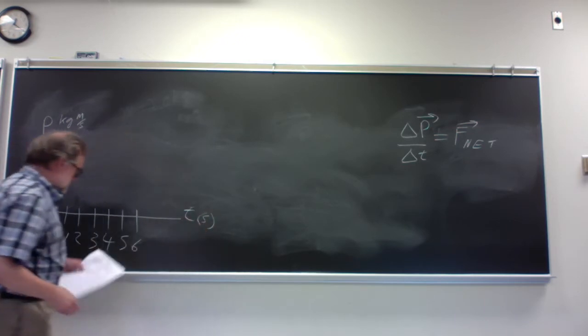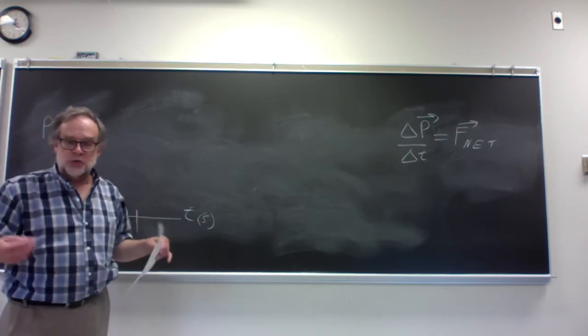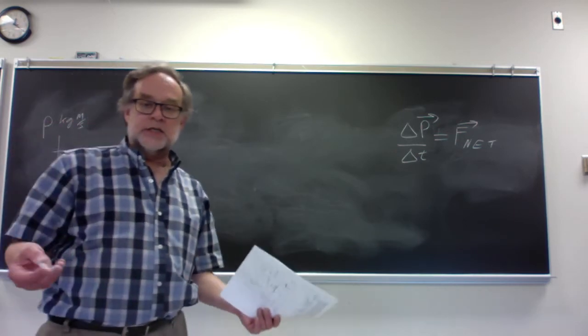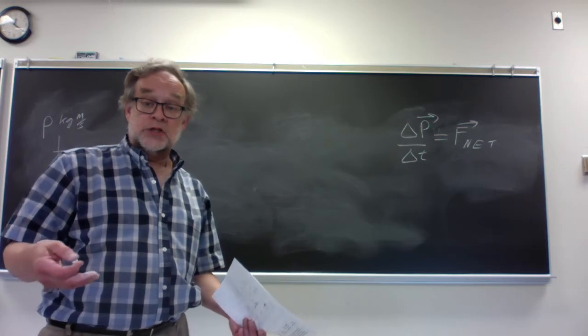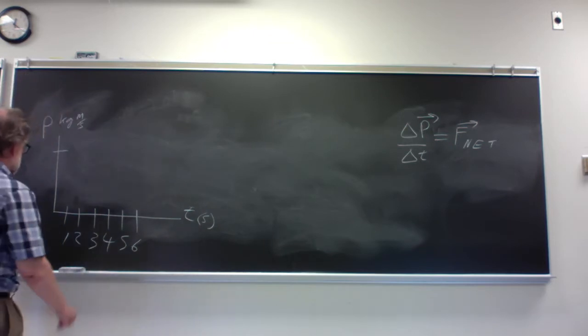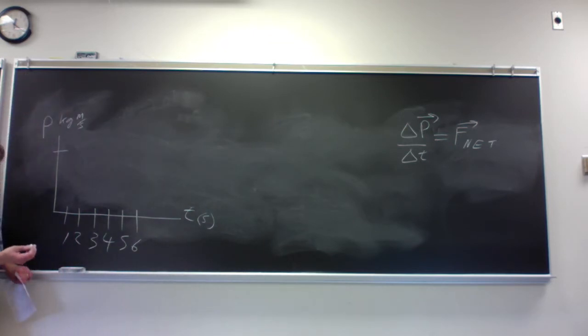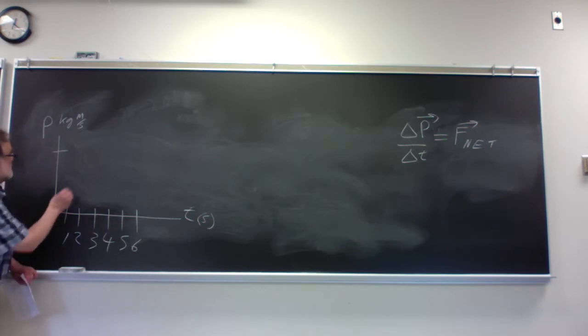Time in seconds. And let's say at time 0 the object was at rest, 0 velocity, 0 momentum, and then it speeds up. Velocity increases, so momentum increases. Speeding up and moving in the positive direction, so positive velocity, positive momentum.